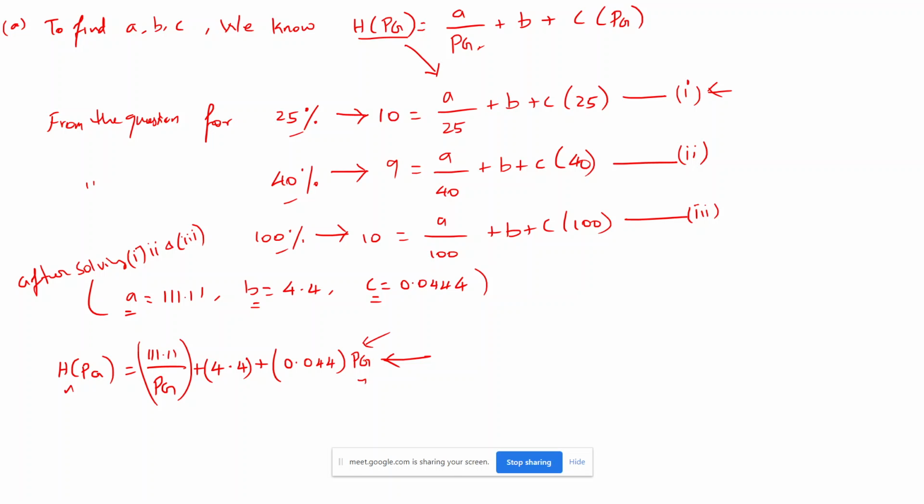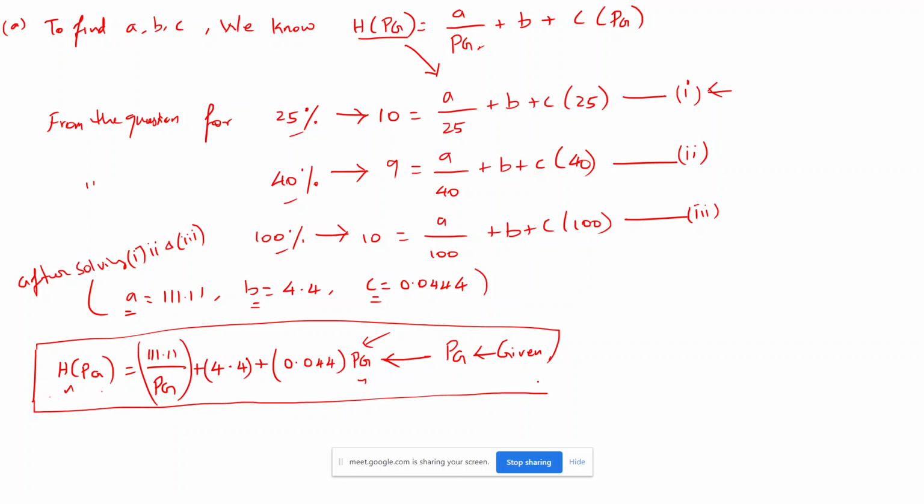Only one generator we have taken. So how much heat you need to produce for any given PG can be found by solving this equation. So the first part is done. Any doubt up to this?